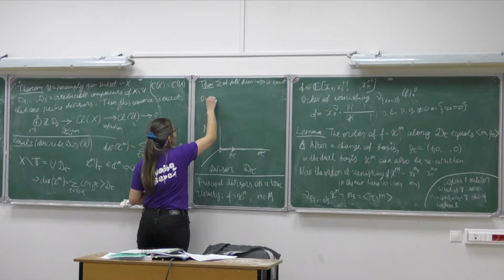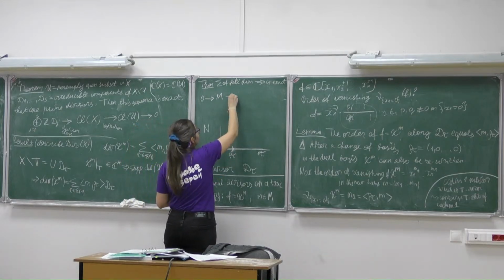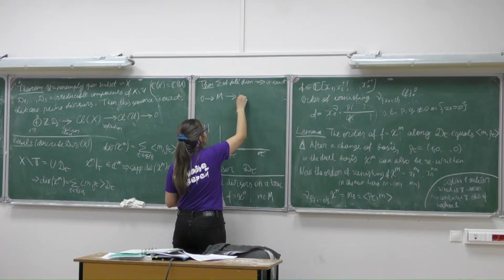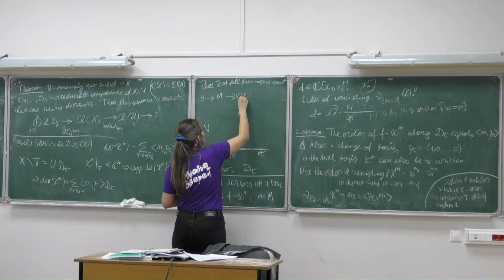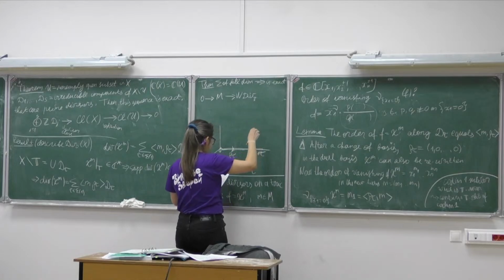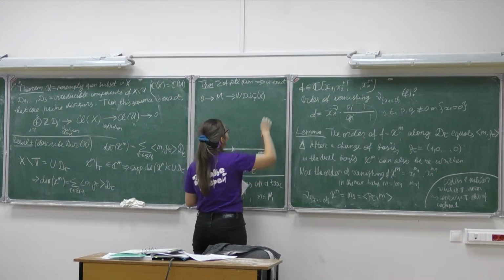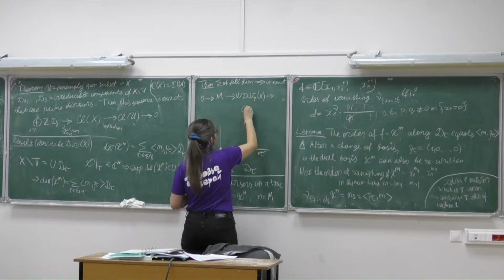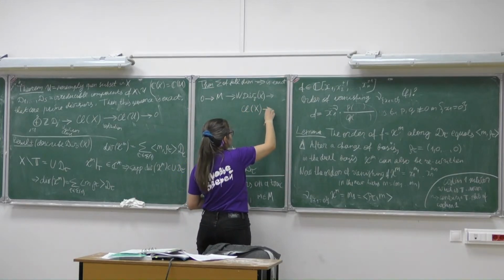0 maps to M, maps to the group of T invariant divisors on our variety X, then it maps to the class group, and then it maps to 0.